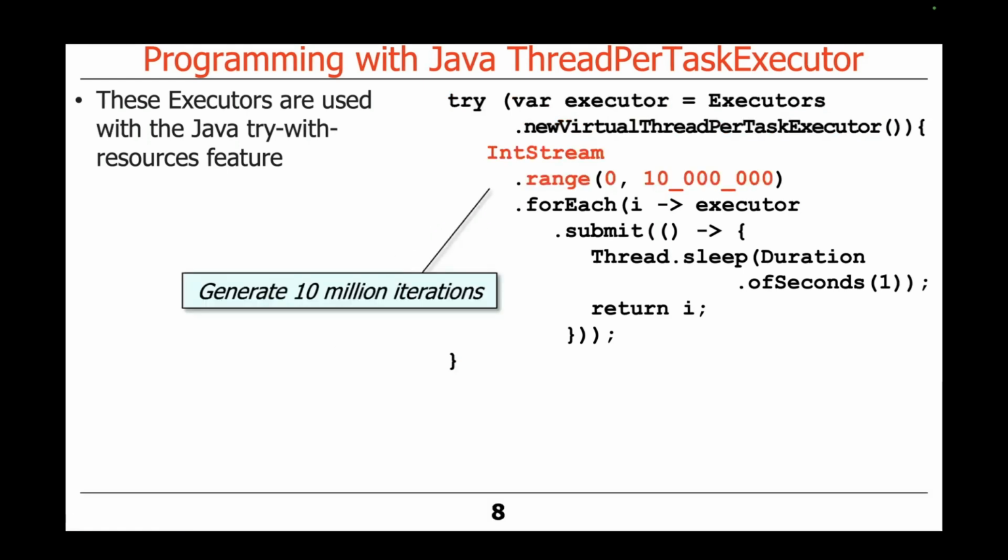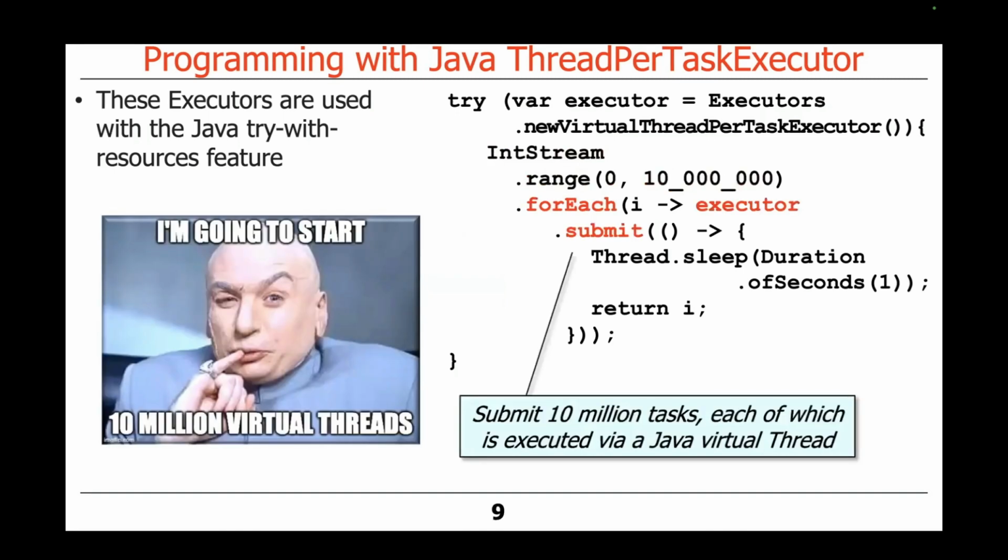Now, this particular example is going to be kind of interesting. It's going to really stress things quite a bit. It's going to generate 10 million values from 0 up to 10 million minus 1. And for each of those values, then it's going to create a new task by submitting it.